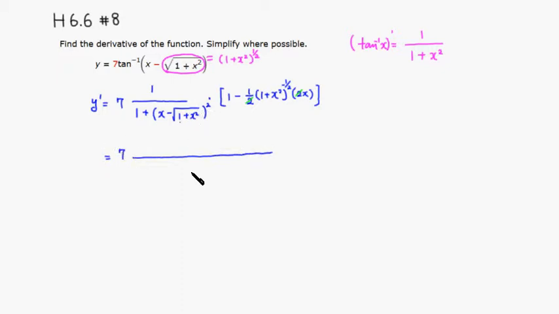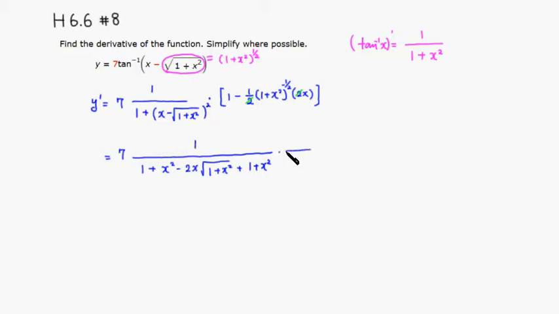I'm going to multiply this out, so it's going to be 1 plus x squared minus 2x square root of 1 plus x squared, plus that square would be just 1 plus x squared. Then on top you can see that this is going to be 1.